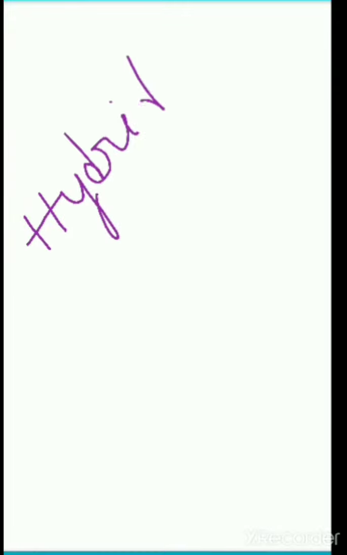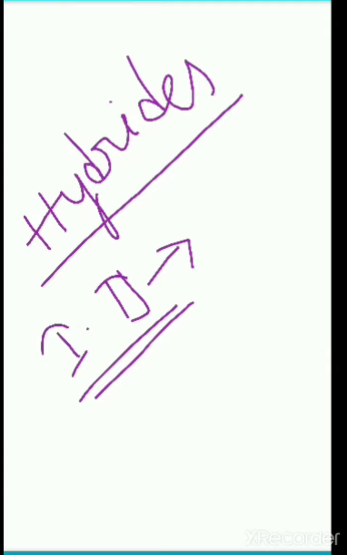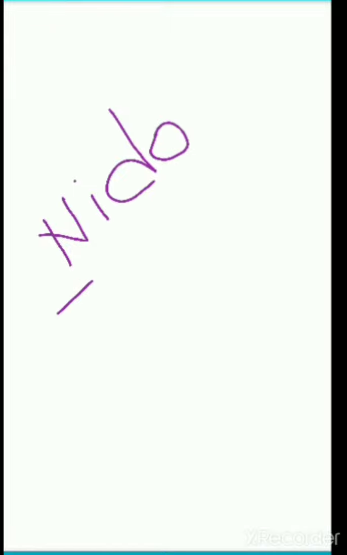Now discuss hydrides of boron. They don't form hydrides by direct combination with hydrogen. They form hydrides by indirect combination, okay, sorry. So they form nido and arachno boranes.